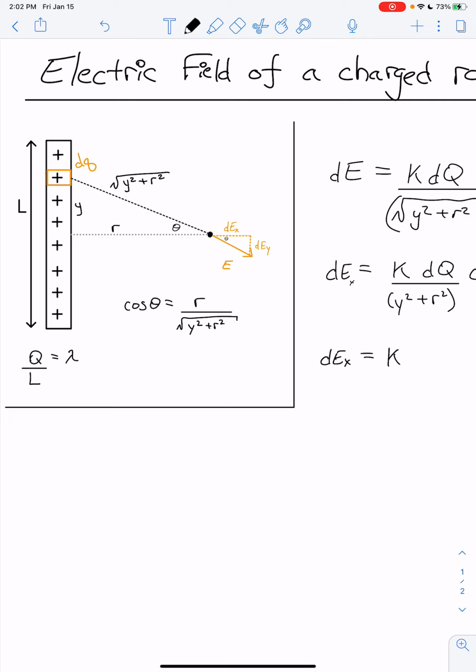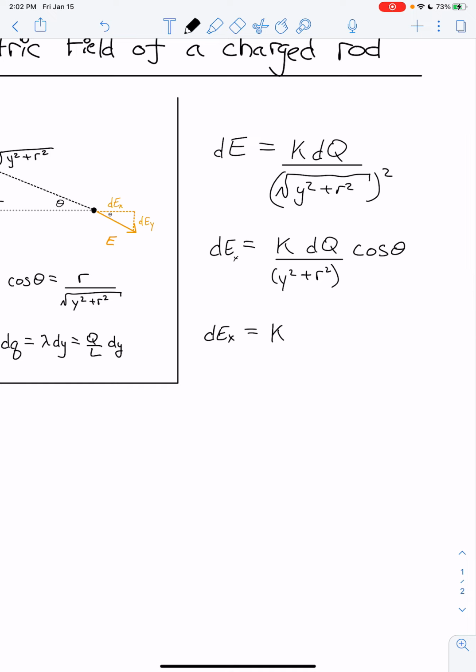So our dq term is really going to be equal to lambda times some dy. And our lambda, we know, is q over L, so dy. Okay, so now we can put our dq in terms of q, L, and some increment of y along that total L value.